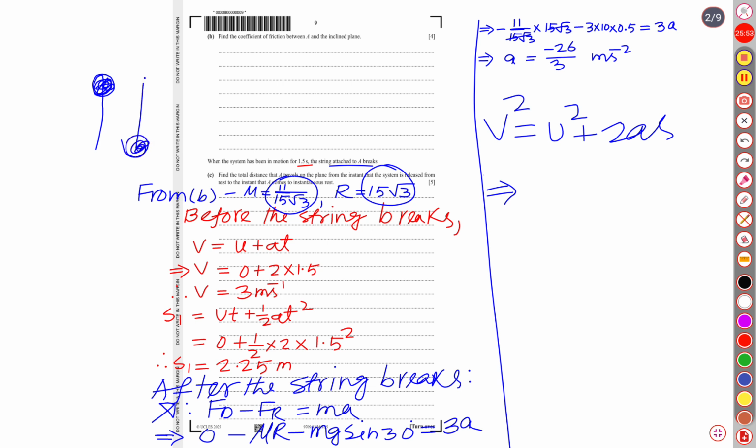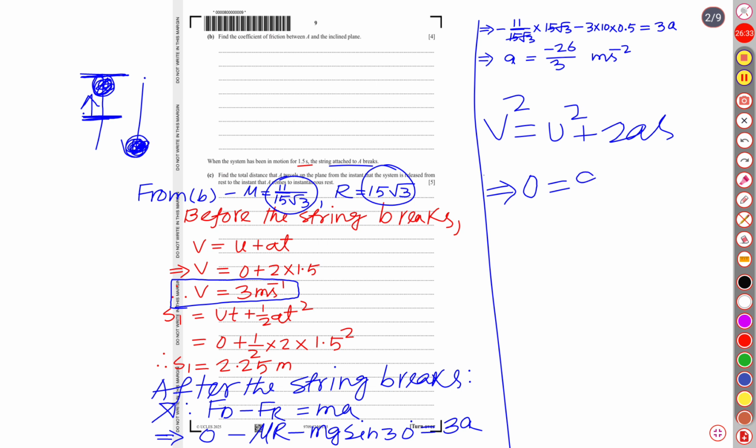So suppose at 1.5 seconds here it broke, then this is the displacement made by particle A. Our final velocity is going to be 0 and the initial velocity was 3 meters per second, as we have already found.